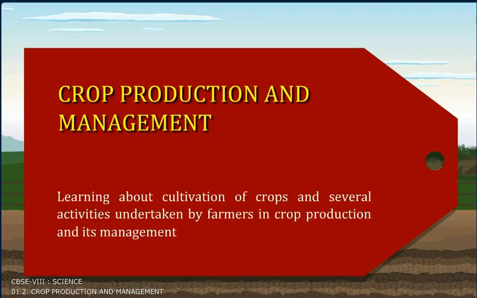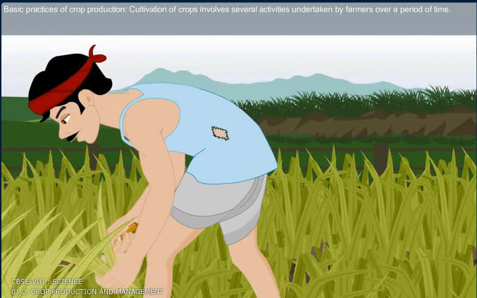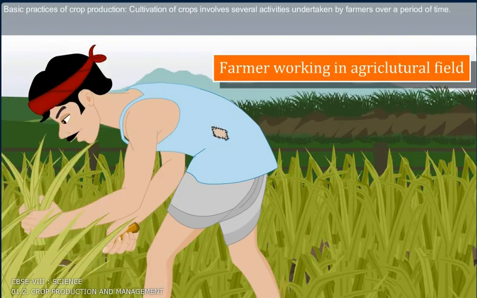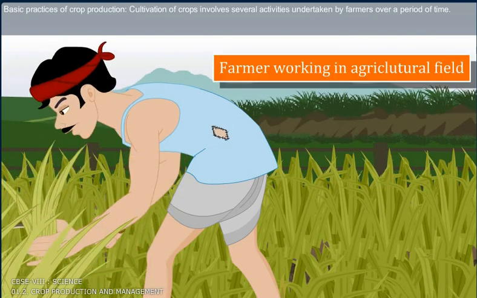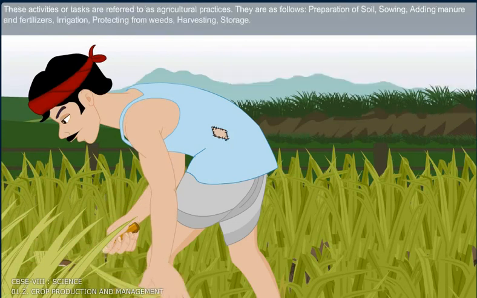Learning about cultivation of crops and several activities undertaken by farmers in crop production and its management. Basic practices of crop production. Cultivation of crops involves several activities undertaken by farmers over a period of time.